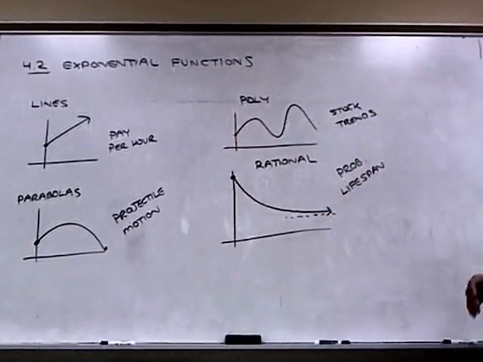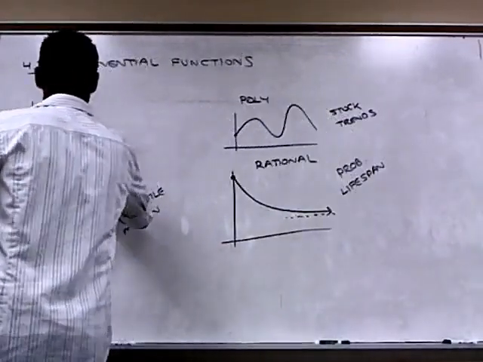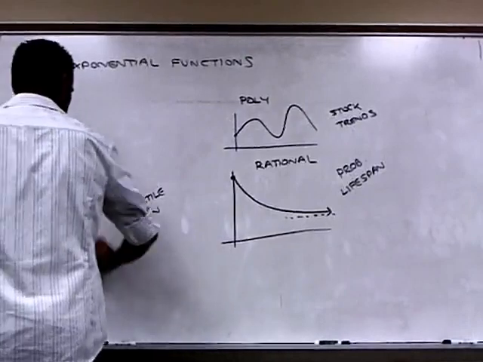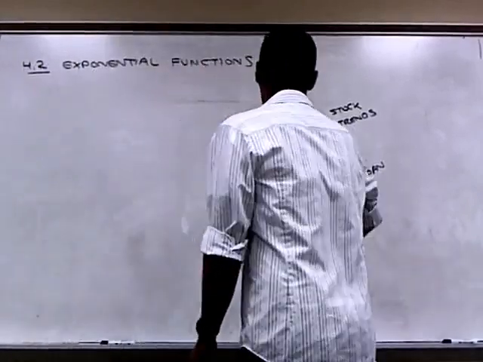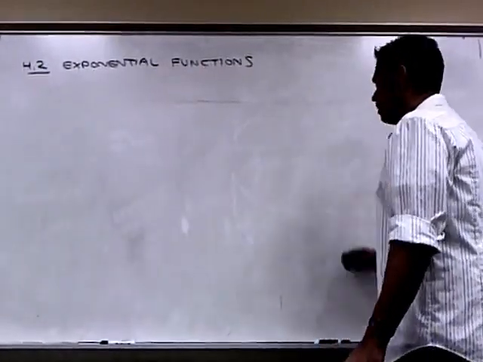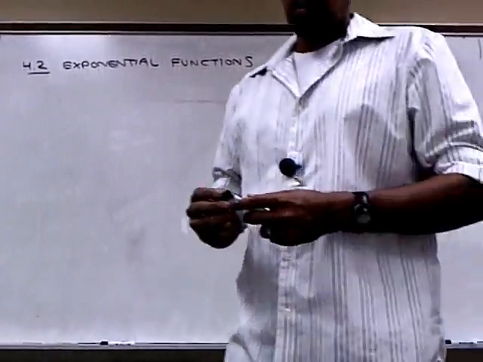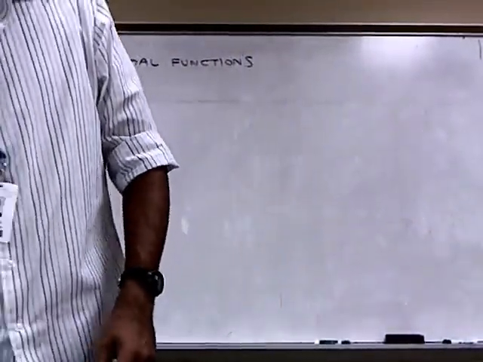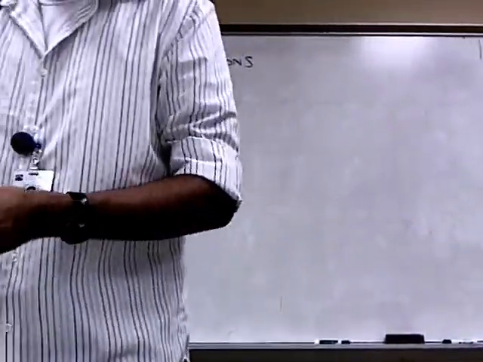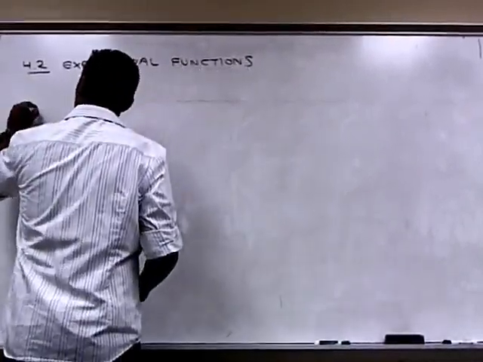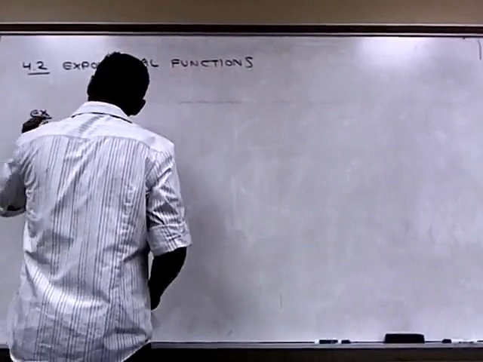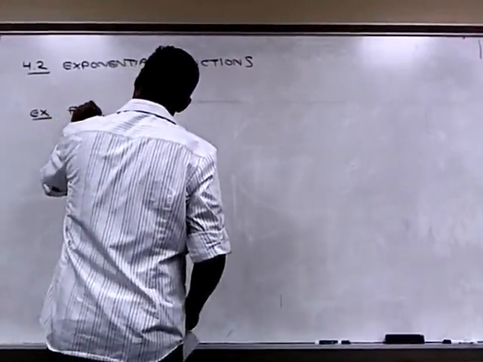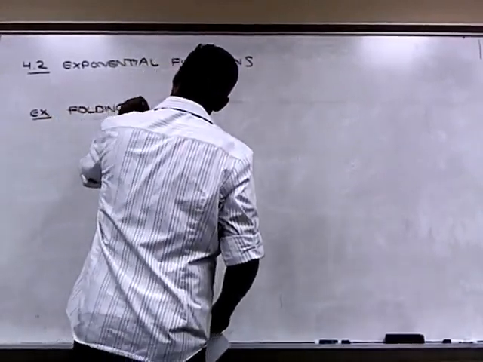Now, let's look at this new type of function called an exponential function, which is extremely important in the real world, used all the time. I'm going to try and motivate the exponential function by giving you a few examples. So, first example is going to be the folding paper example.